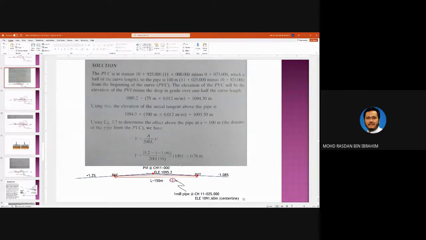So now you know the elevation of the point on air above the pipe, and the distance between that point and the surface of the road, which is 0.76 meters. So you deduct 0.76 meters from 1095.5 meters.